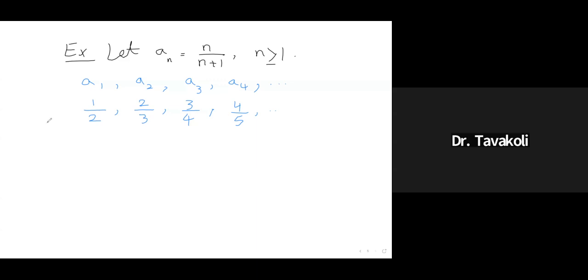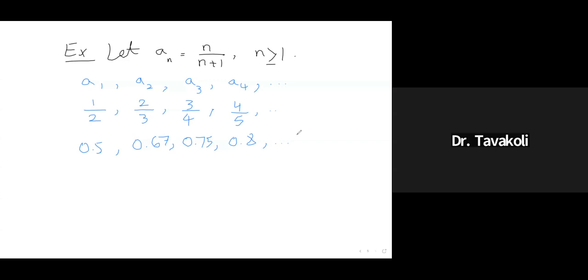To have a clearer idea of that, let's write the decimal values. 1 half is 0.5. 2/3 rounded to two decimal places is 0.67. 3/4 is exactly 0.75. 4/5 is exactly 0.8.